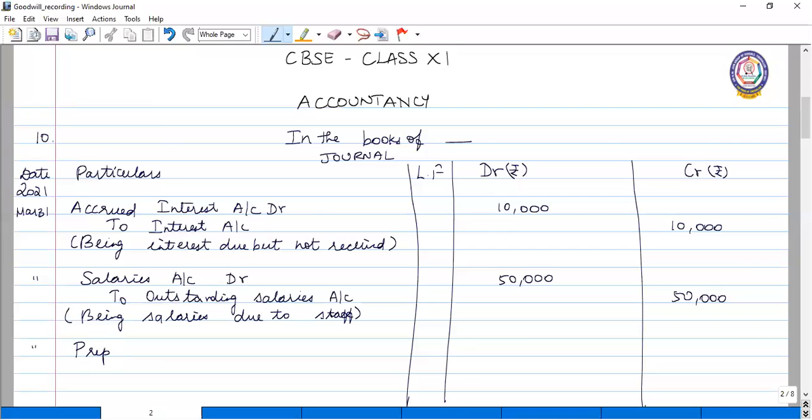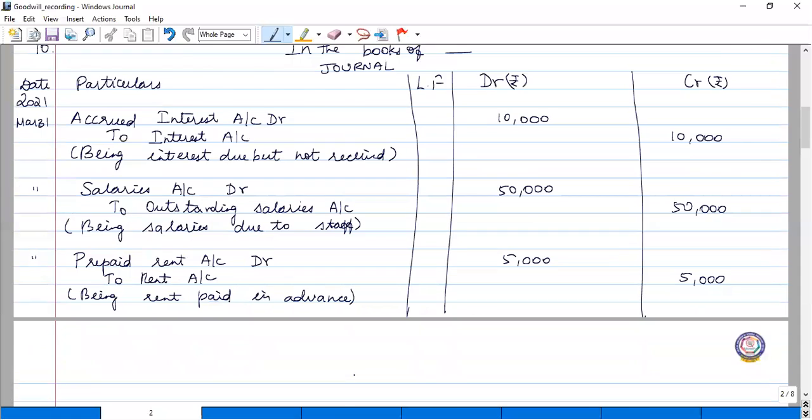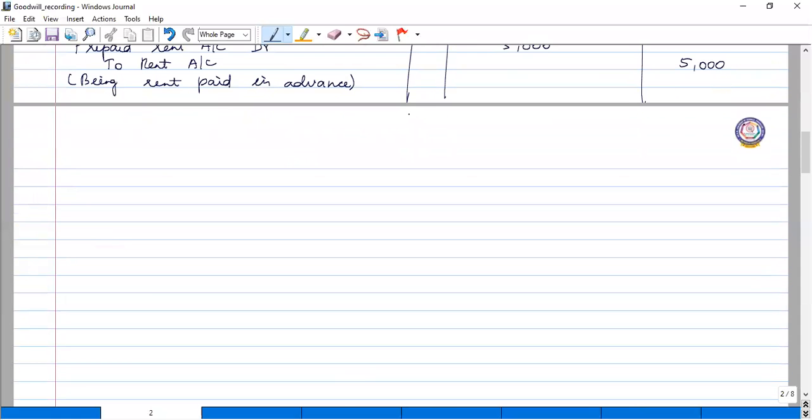So prepaid rent account debit, to the respective expense account, rent account, rupees 5,000. Being rent paid in advance. Now we'll see the next transaction.